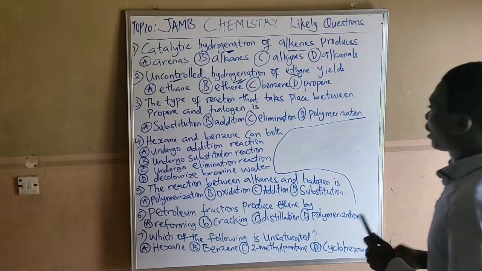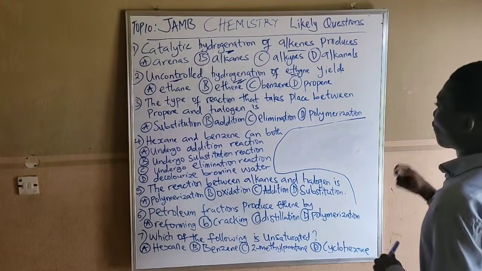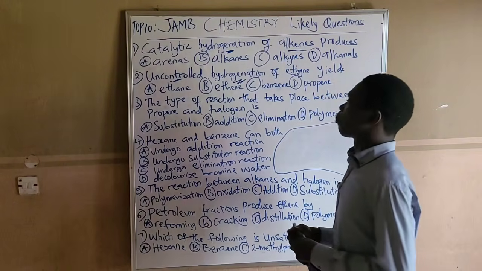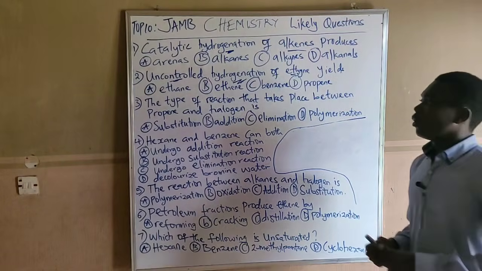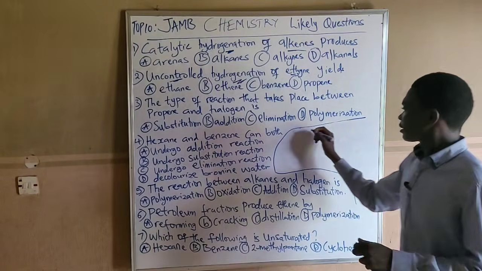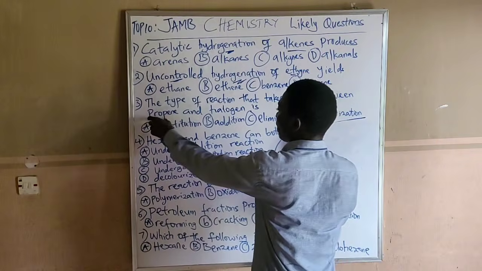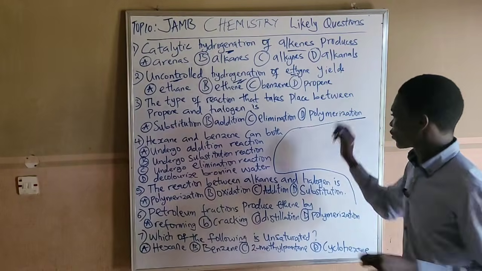For question number 3, the type of reaction that takes place between propene and halogen is... Now, propene is a member of the alkenes. Take note of something I want to write.